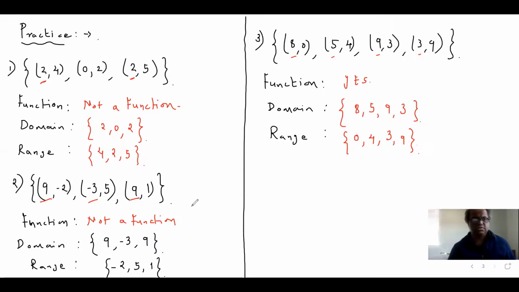Okay, so this is about the functions. Now there is one beautiful thing which is called the vertical line test.